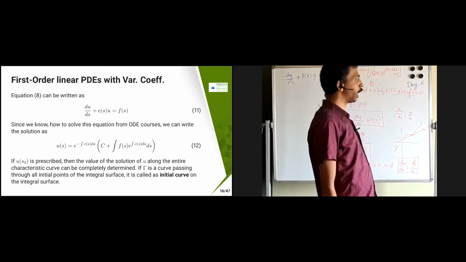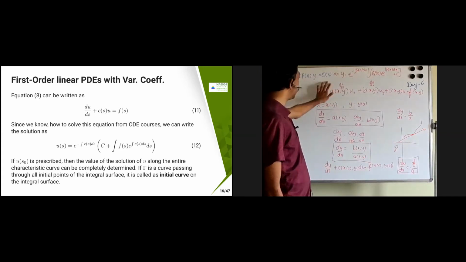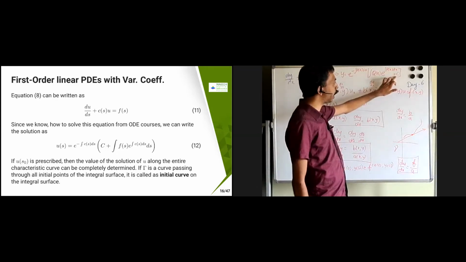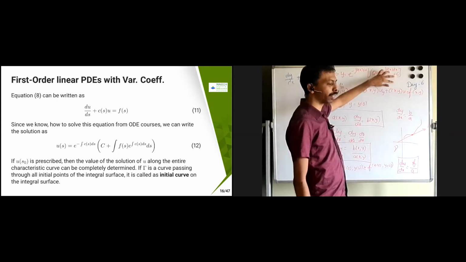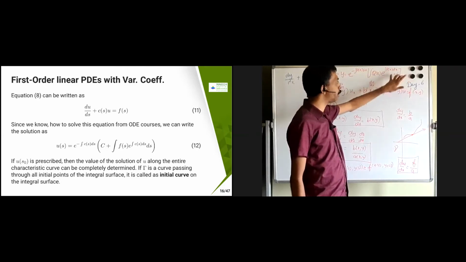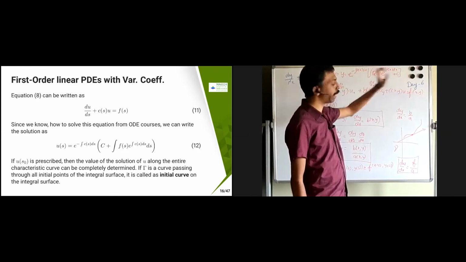So here what we have is an ODE, where C is an arbitrary constant. In order to eliminate this C, I will prescribe some initial condition. If I prescribe an initial condition, I can eliminate C so that the solution becomes uniquely determined.